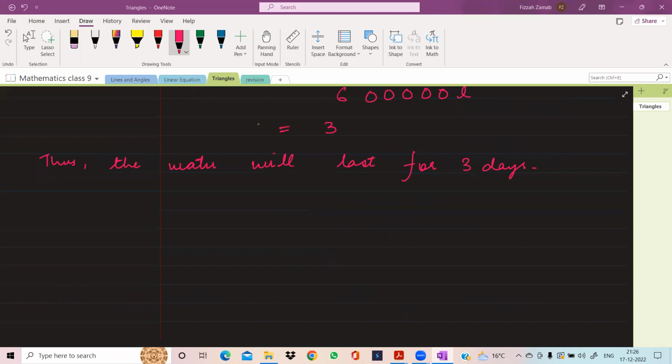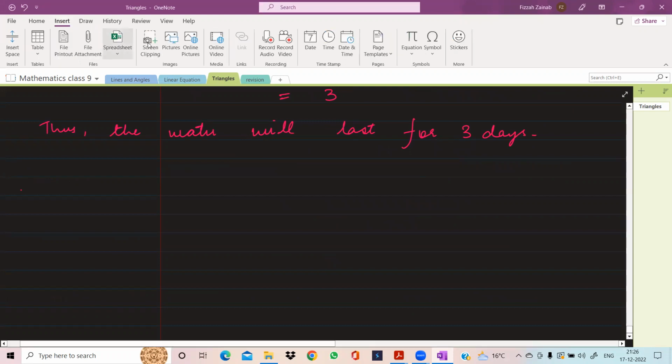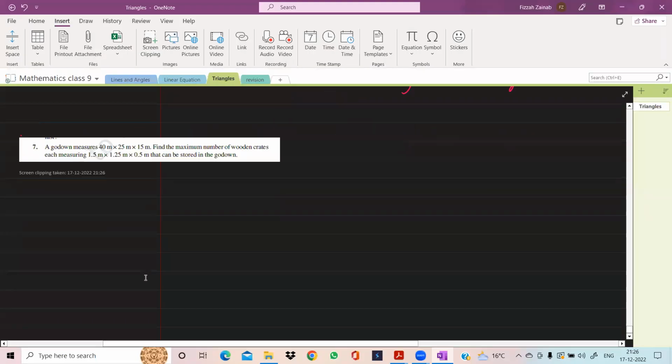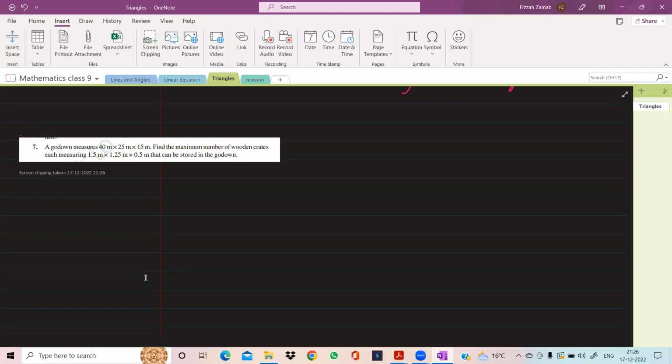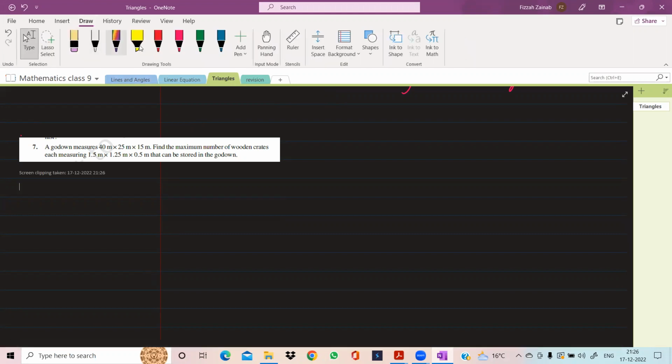Okay, next, question number 7. The godown measures this. Find the maximum number of wooden crates, each measuring that, that can be stored in the godown. So this you will complete, Jaslyn.